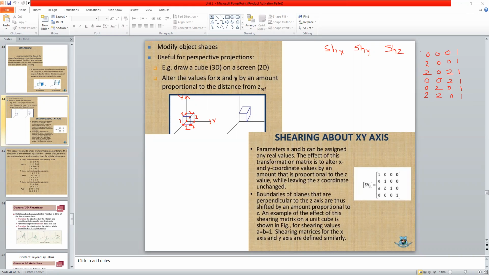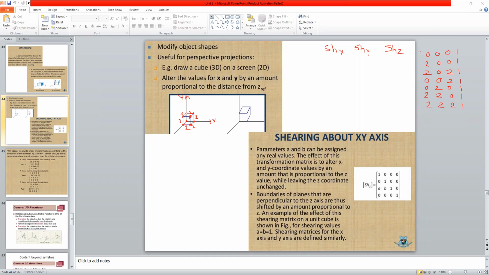Then what about this point? It is present in space. It has X value as well as Y value and it has also Z value. So all the 3 coordinates are 2, 2, 2 because it is in space. So it has every coordinate. And here, this point is present in the YZ plane.